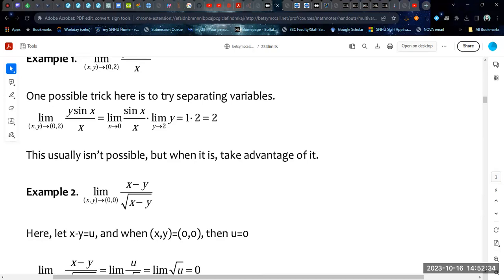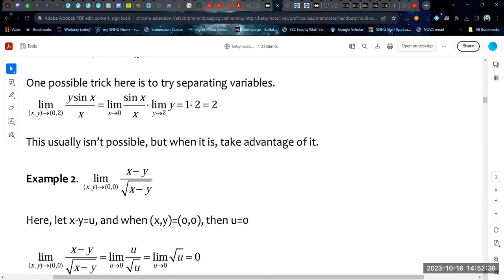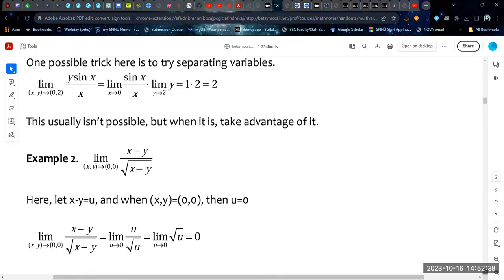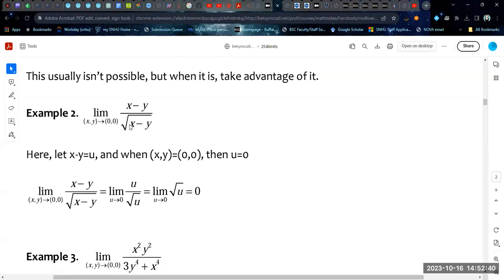The tricky ones are usually going to be the points that go to the origin, where you can't do stuff like that. So again, in this case, if we plug in the origin, (0, 0), our target, we get division by 0. You can rationalize this.